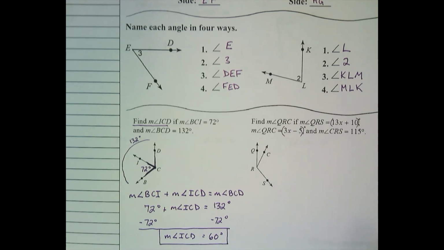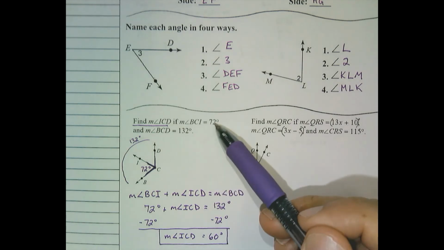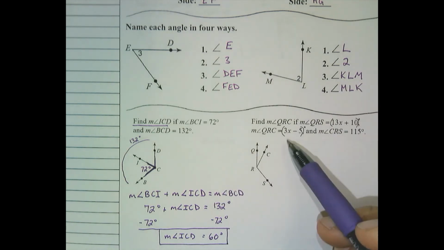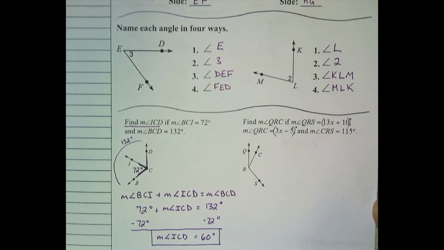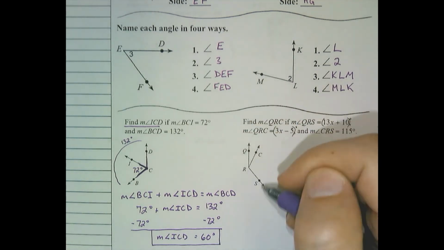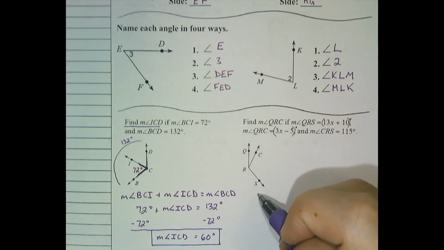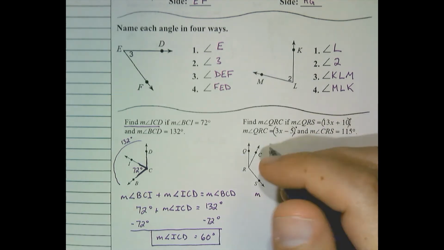All right. Like the segment addition postulate, sometimes we do them with just numbers, and sometimes we do them with equations with variables. So let's use the diagram to construct our angle addition postulate.